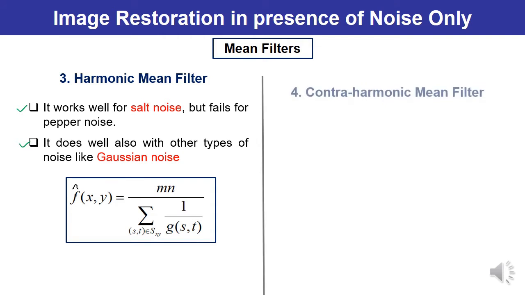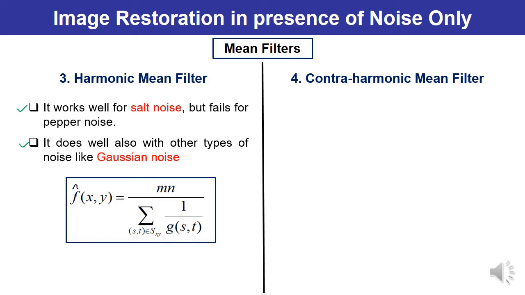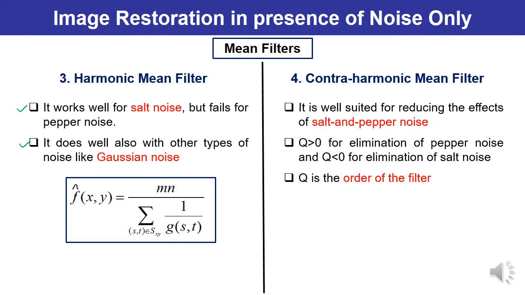Next is contraharmonic mean filter. This filter is very suitable for removing either salt or pepper kind of noise. Means both salt and pepper kind of noise can be removed by using contraharmonic filter.